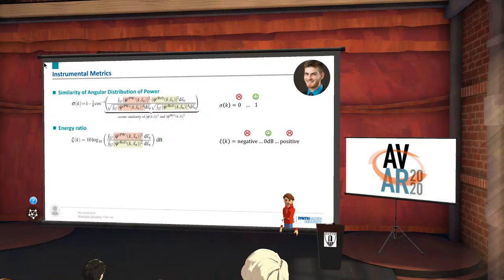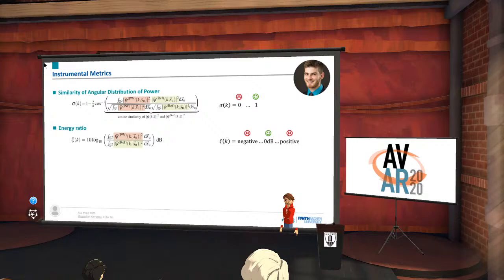First of all, we have the similarity of angular distribution of power. What you see in red is the output of our algorithm, and psi ref is the ground truth that we are comparing against. We are comparing the distributions of the energy, so we build the inner product here, so that sigma equal to 0 means that they are very dissimilar, and 1 means we have an identical energy distribution.